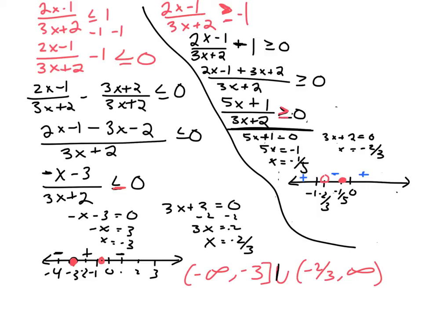Because we want it to be greater than or equal to 0. So then our solution would be, okay, it's greater than or equal to 0 from negative infinity to negative 2 over 3, and then that in combination with, hard bracket because we are going to include it, the negative 1 over 5 all the way to infinity.